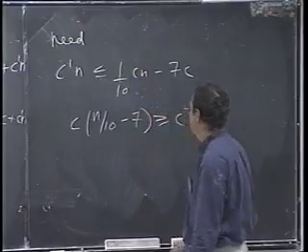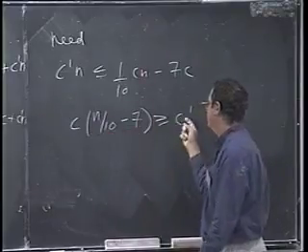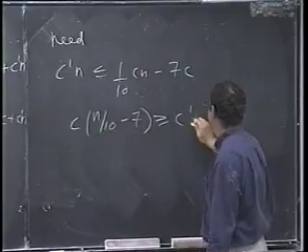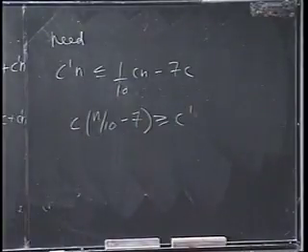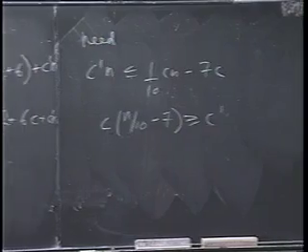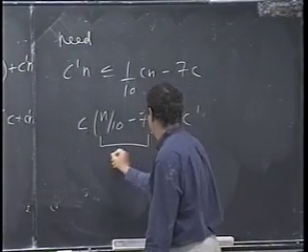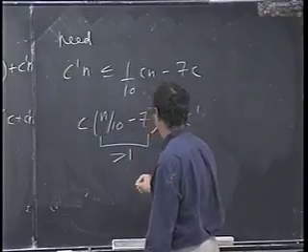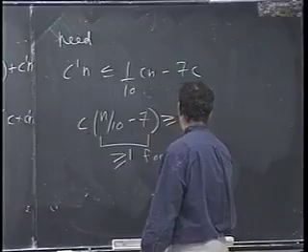Right? That's what we need. We need to pick a C and a C prime such that this is true, remembering that the algorithm moves to something else when n is less than 80. So here's where the 80 came from. This thing is greater than or equal to 1 for n greater than or equal to 80.